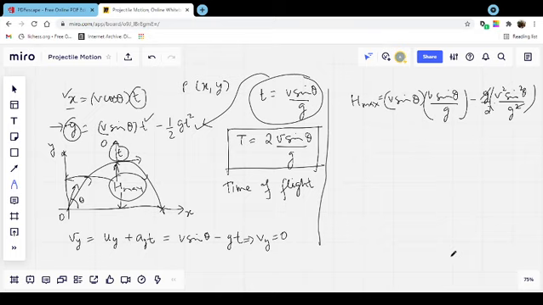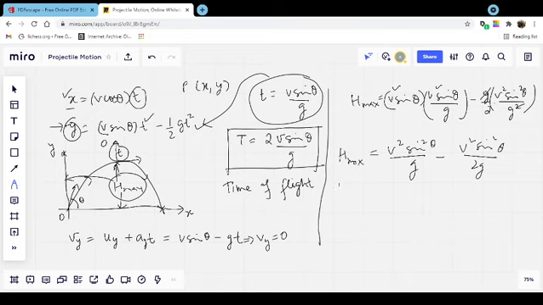Cancelling one g, we get v square sin square theta by g minus v square sin square theta by 2g.